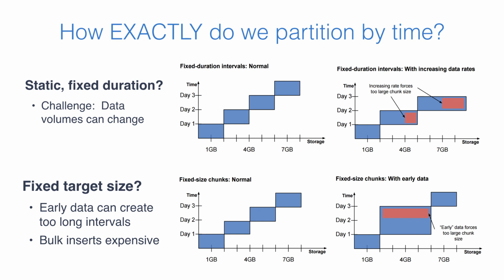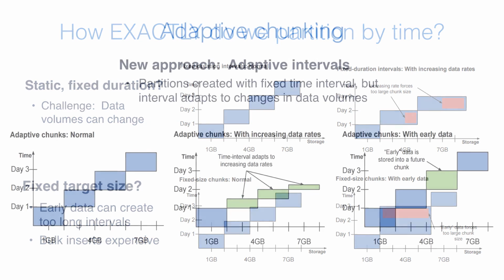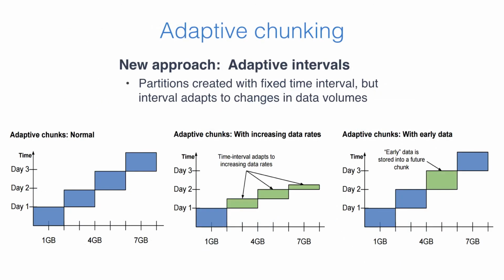And so you might start off saying that a chunk is 1 day long, and then as your data volumes grow, you can change that and say new chunks are going to be half a day or 6 hours or whatever. And this solves the late data problem, because the order of the data doesn't matter anymore, since you're only creating data for a particular time period, and you can't make them too long.